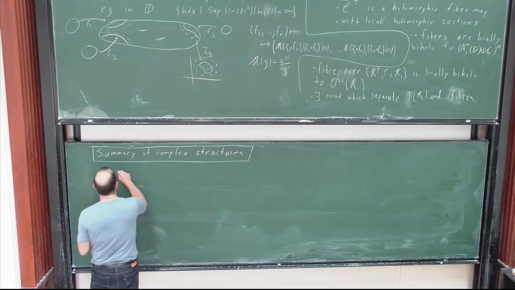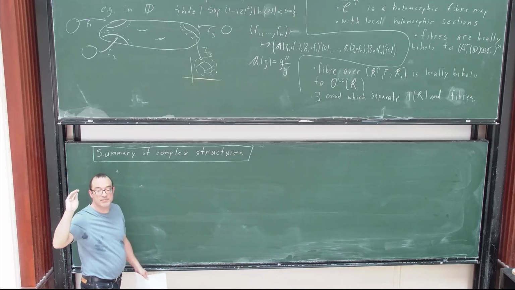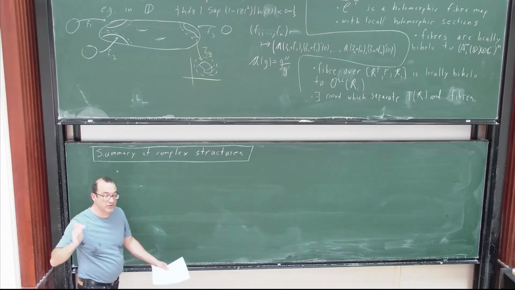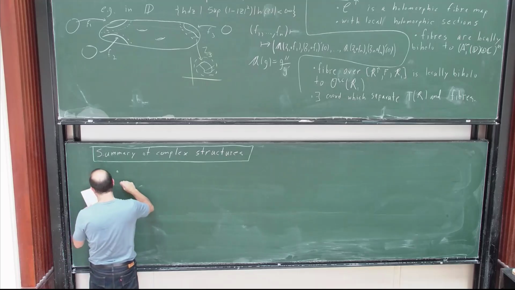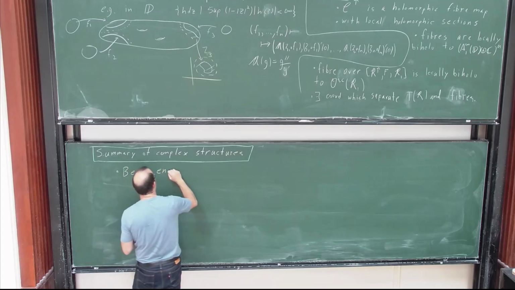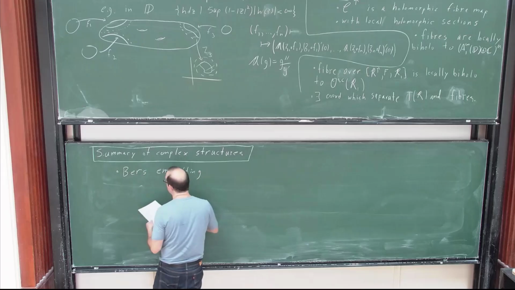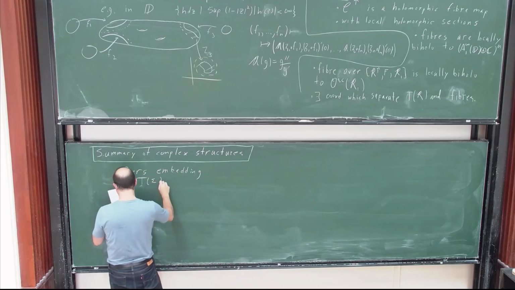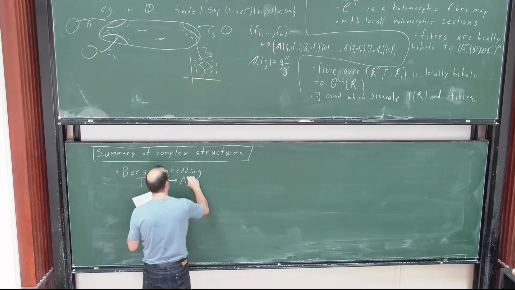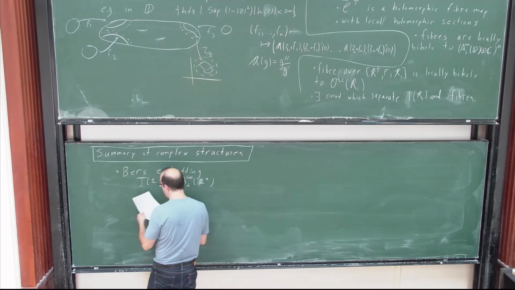Now, in the classical Teichmüller space, the Ahlfors-Bers picture, let me summarize some of the complex structures. We have one from the Bers embedding, which I talked about last time. If you remember, we had T of sigma mapped into a space of holomorphic quadratic differentials, actually on the double.